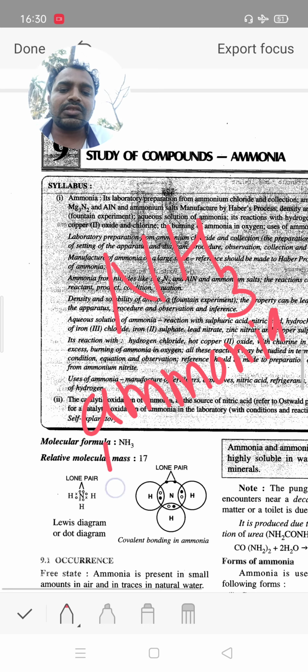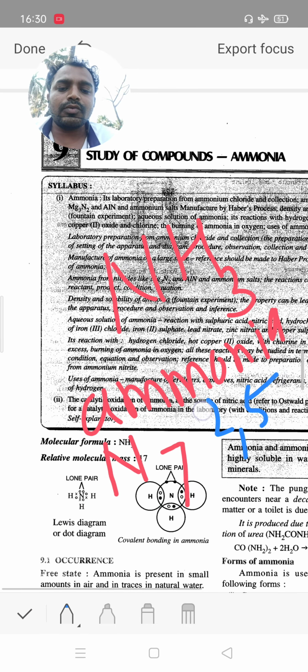First, nitrogen: atomic number 7 and its electronic configuration 2, 5. So nitrogen has a total of 5 valence electrons.